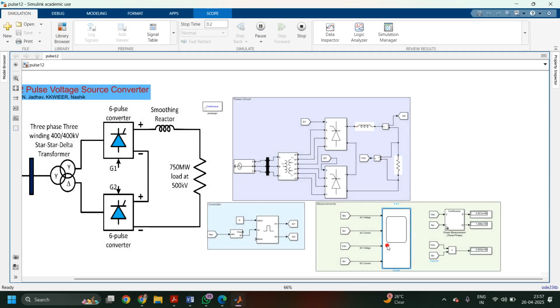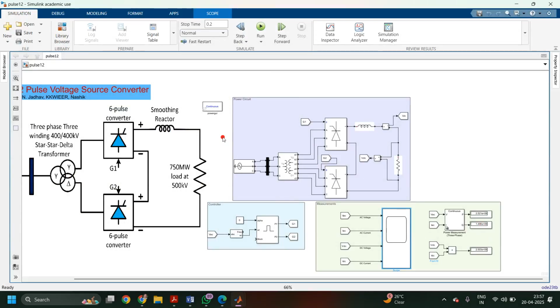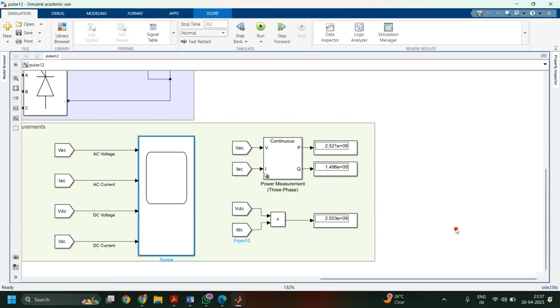So now you can check here. This is the AC voltage, AC current, DC voltage, and DC current. Almost they are having very small ripples in the output. If we check the power, let me show the power. You can observe it is 2.5 gigawatt, means 2521 megawatt is the power, and 1.49 gigaVAR is the reactive power.